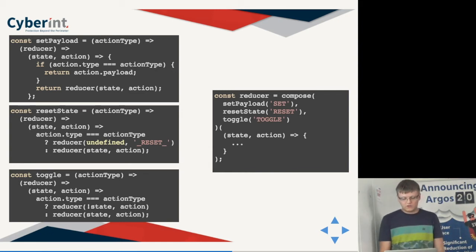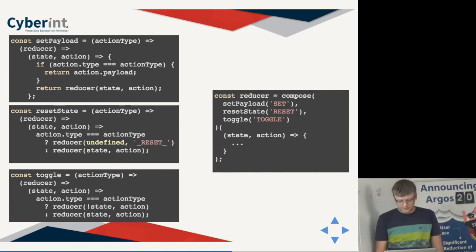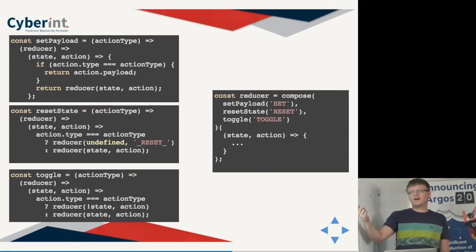So that's where high-order reducers come into play. A high-order reducer is a function that gets a reducer and provides a reducer. Let's consider these three reducers. The first one just gets the payload and returns it. The second passes undefined and some not expected action type to the basic reducer in order to get the initial state from it.